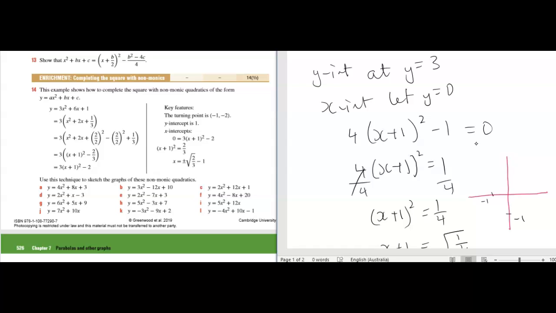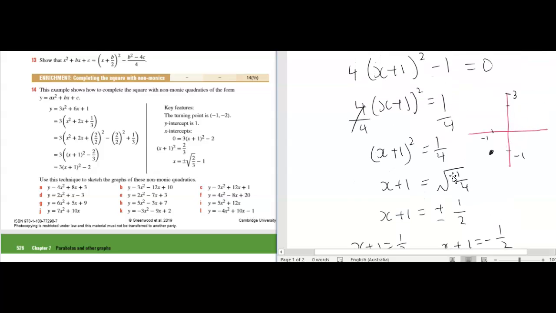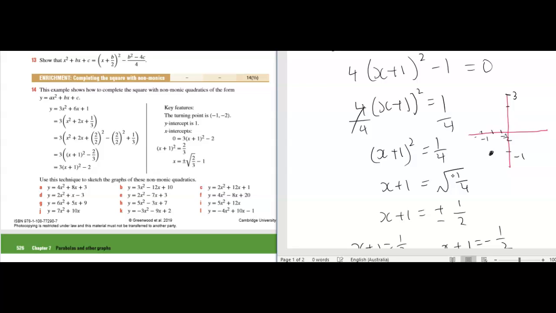We have a y-intercept at y equals 3, and there's that point there. And then our x-intercepts are at -0.5 and -1.5, so we're either side here. So that's -0.5 and -1.5. Just highlight them. And our y-intercept.